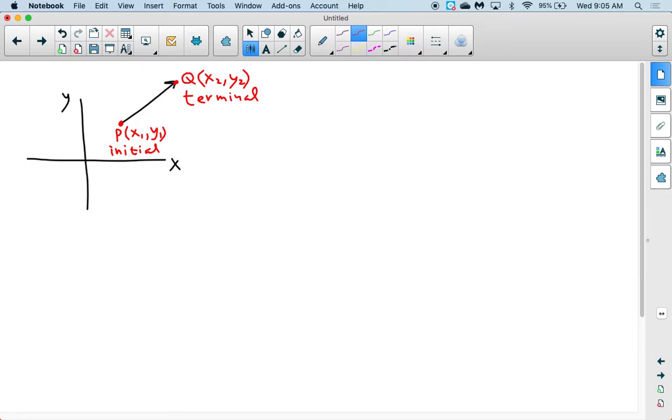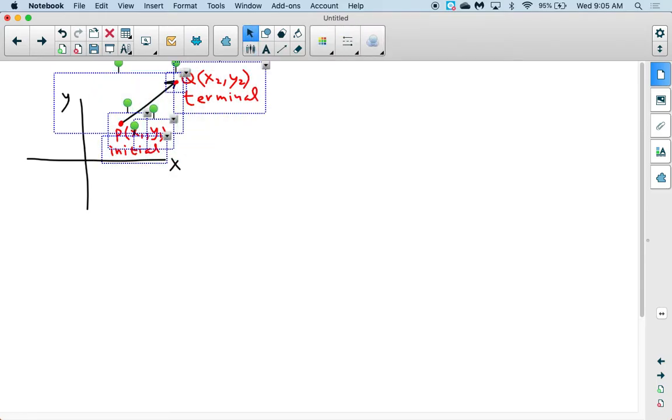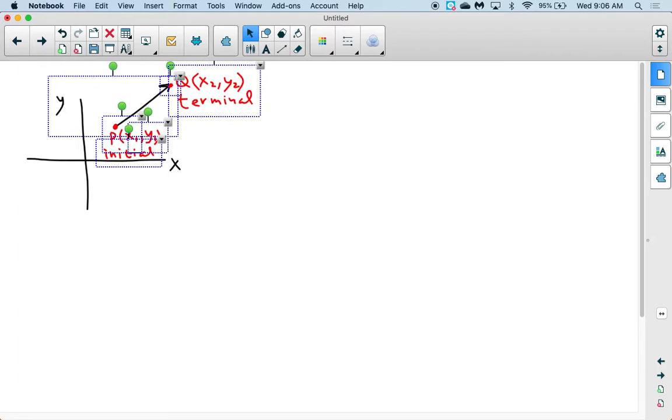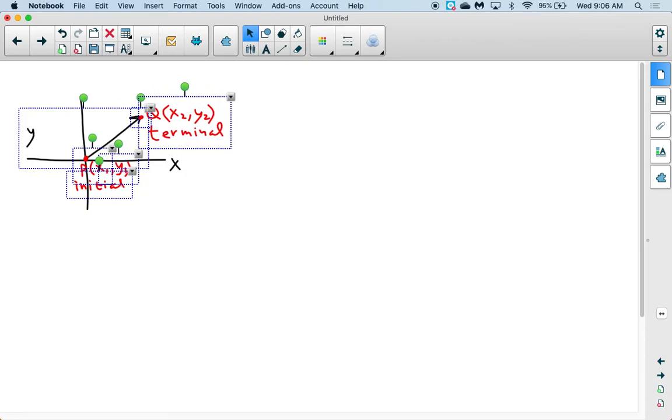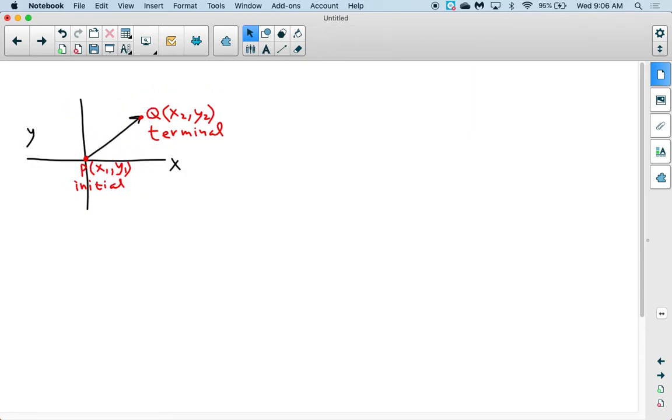But to preserve both of those things, what I could do is grab it here, and move it like that. See what happened there? I moved the initial position to the origin. When a vector's initial position is at the origin, we call that position standard position.